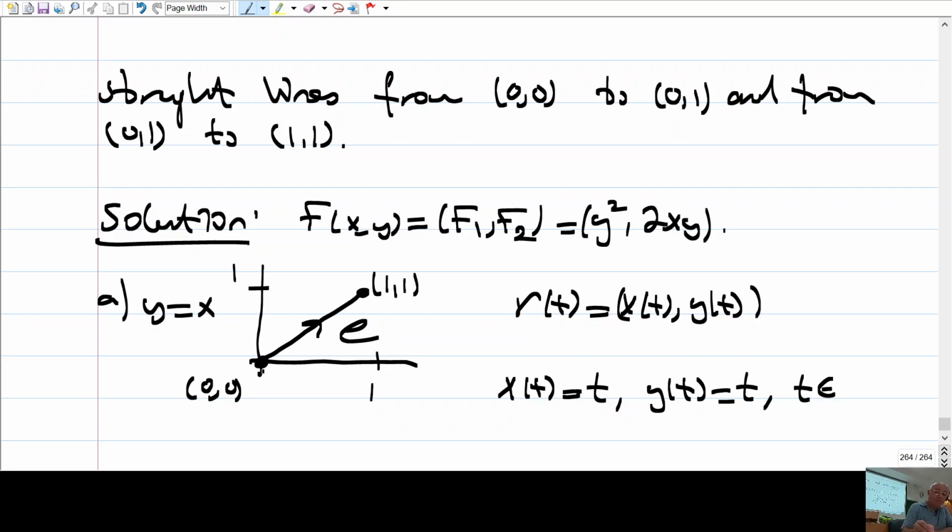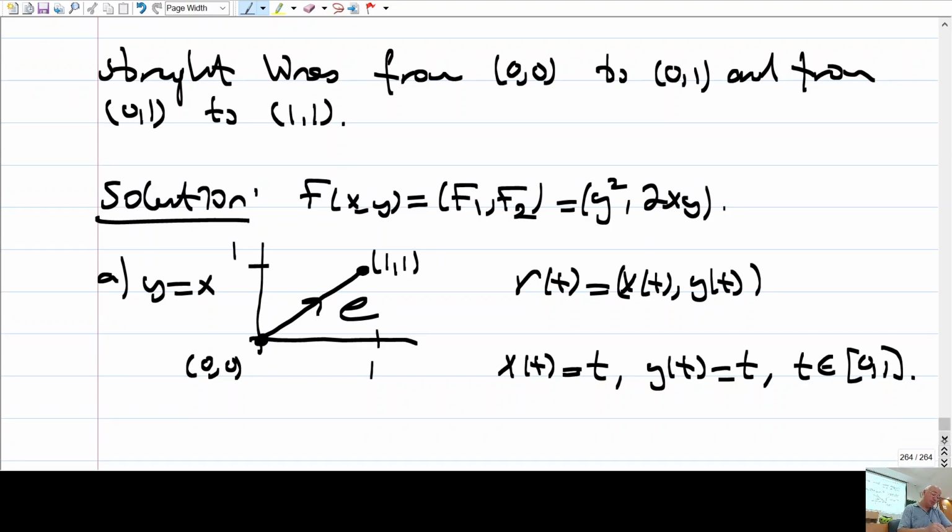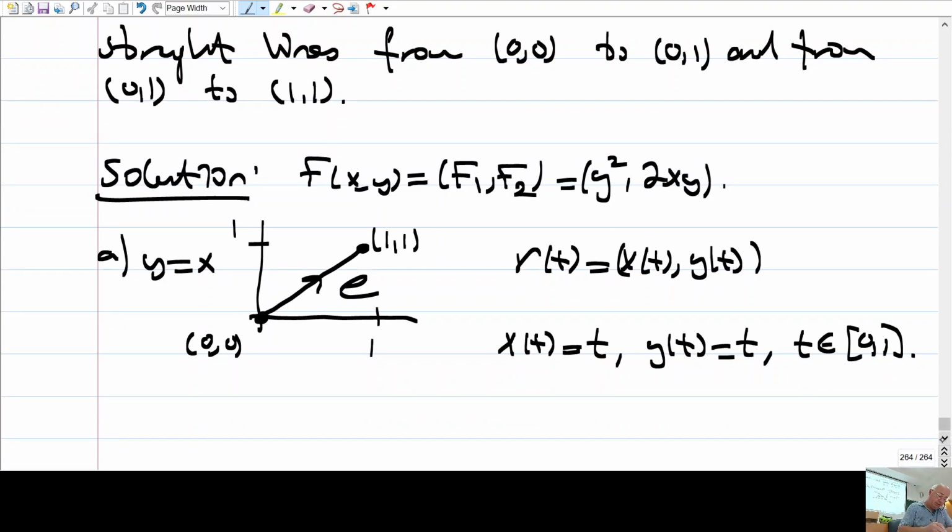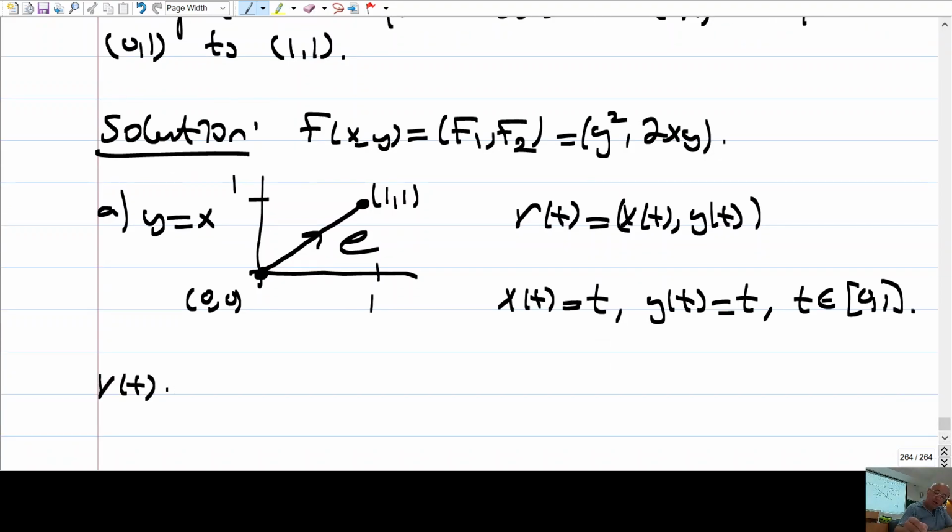It should start from the point 0, 0 and end at the point 1, 1. So I can just choose my interval to be the interval 0, 1, right? This is a smooth parameterization. So my r(t) is then just (t, t), okay?